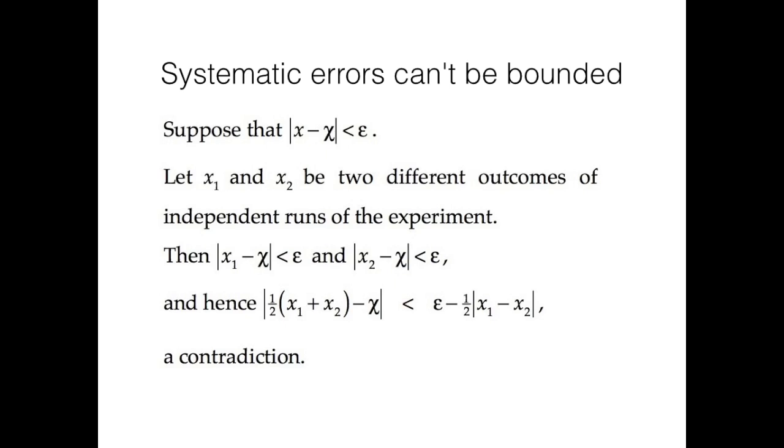And for simplicity, assume that the individual outcomes we obtain when we do the experiment repeatedly with different copies of the apparatus are x1 and x2. Then both x1 and x2 obey that inequality as well. And then, just from some algebra, it follows that the average of x1 and x2, just as if they were random errors, has a smaller error than either x1 or x2 separately, which is a contradiction, because epsilon was supposed to be the best error obtainable with that apparatus.